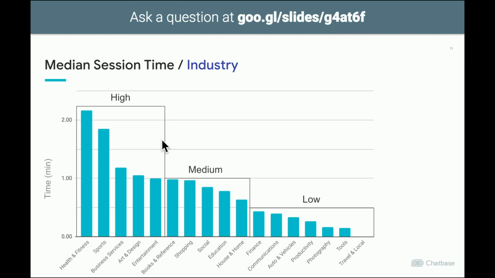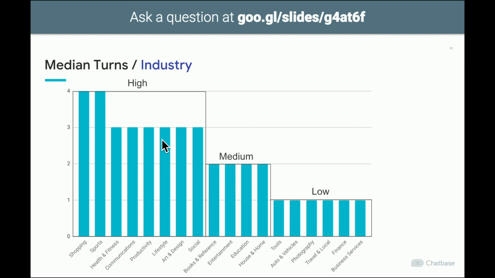Now again, let's layer in the number of turns of the conversation to see what patterns emerge. So for example, let's see for health and fitness, how many turns of the conversation are there during the 2 minutes plus? And so you can see that for health and fitness, there's 3 turns of the conversation.